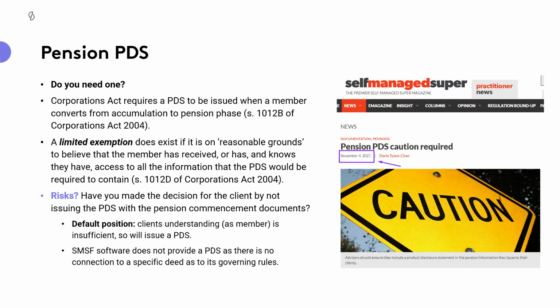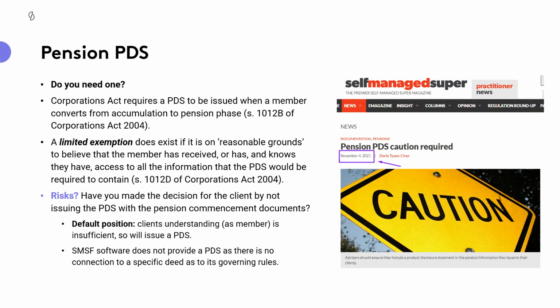I think that poses a pretty serious risk, because your decision to not give them a product disclosure statement means that you're inferring that they are aware of all these responsibilities and issues that potentially come about with the commencement of that income stream. So by not issuing them that PDS, the reality is they may not have made an informed decision, and could that come back and bite you at some other point in time in the future?